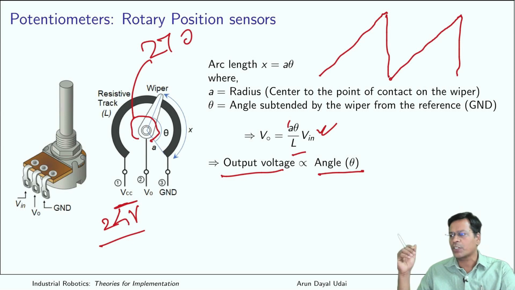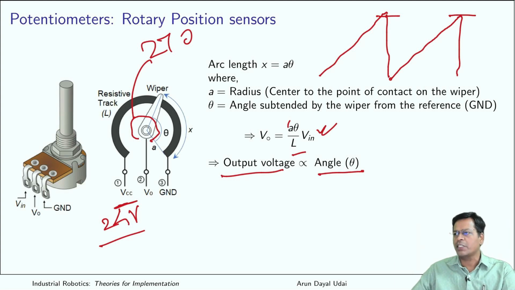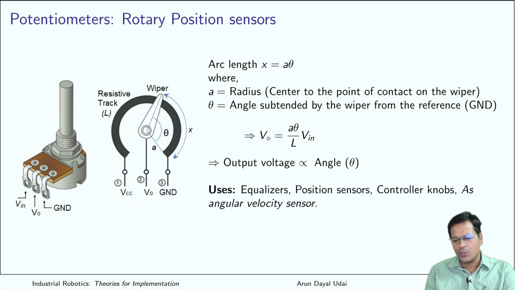So multi-turn potentiometers are also there, which can give you a sawtooth-like waveform. If you can count the number of times it came to the peak, you can precisely calculate the angle that you have turned. So more than 360 degree also can be measured. Again this can be used as a graphic equalizer or audio equalizer.